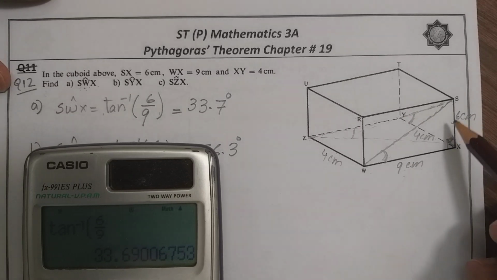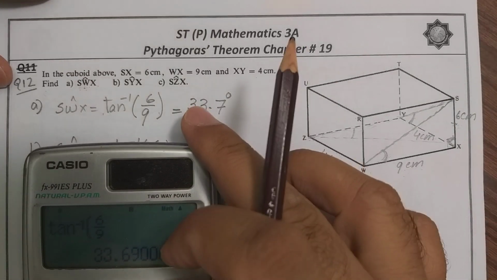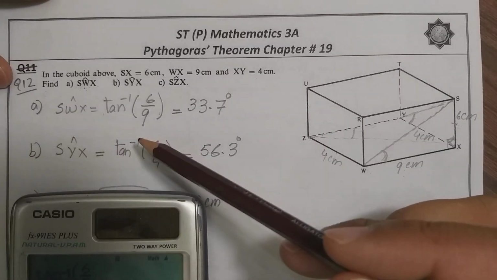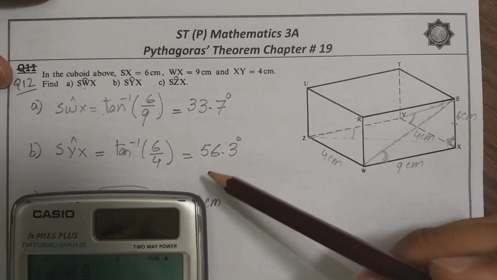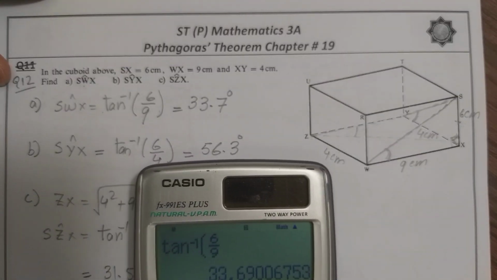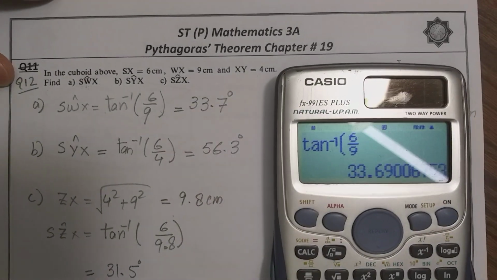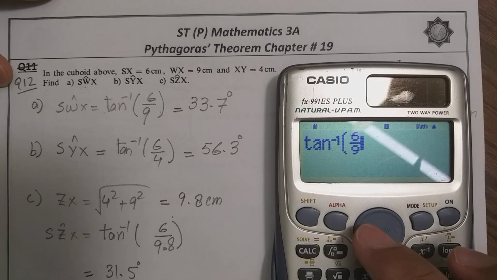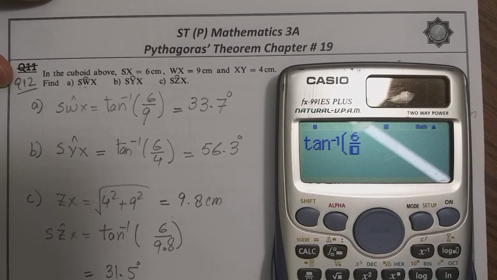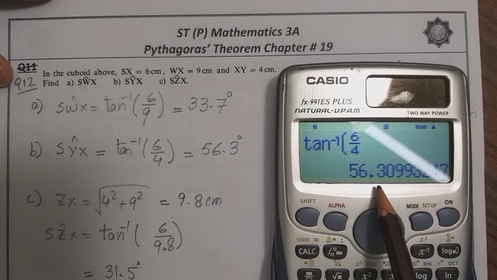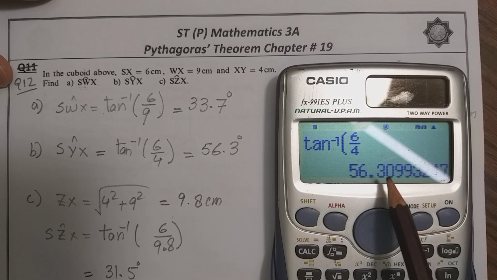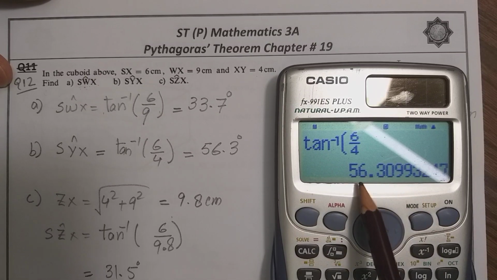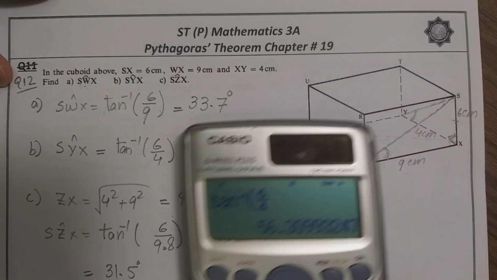So again we apply the tan formula: SYX equals tan inverse of 6 over 4. Substitute in the calculator, and you find 56.3099. I write three significant figures or one decimal place. After 3 there is 0, which is less than 5, so no need to increase it. The answer is 56.3 degrees.